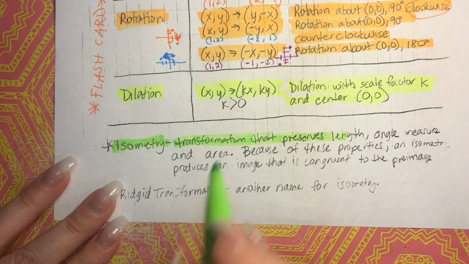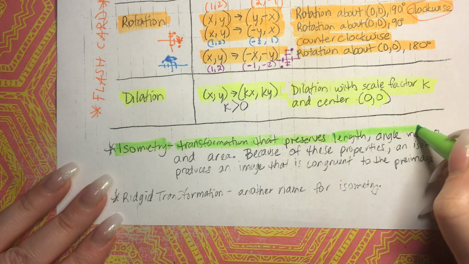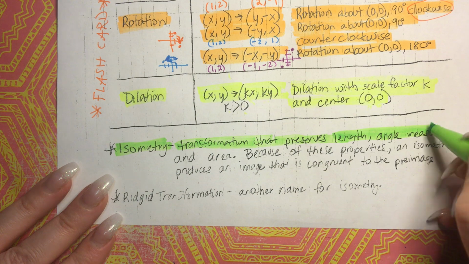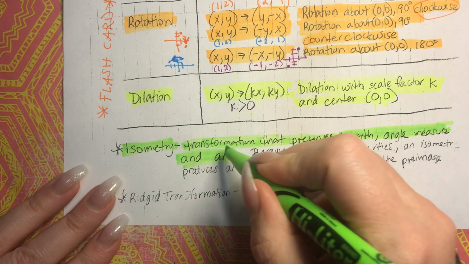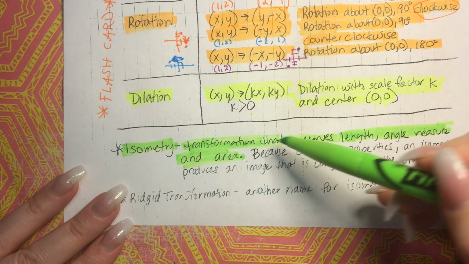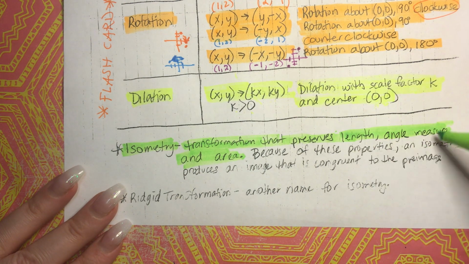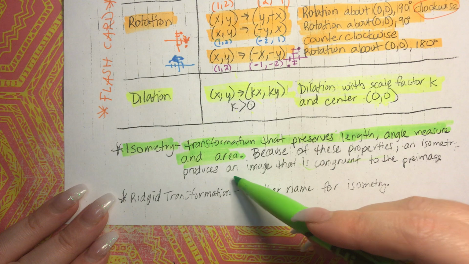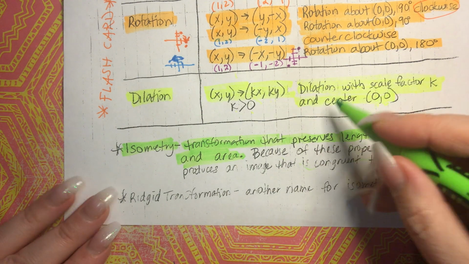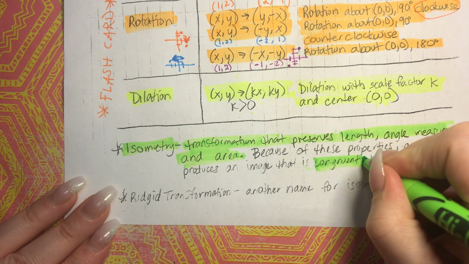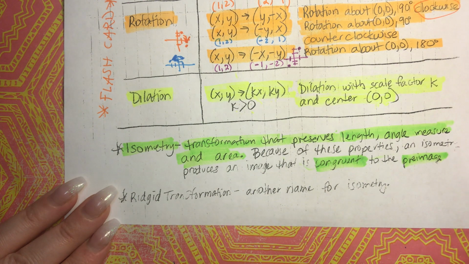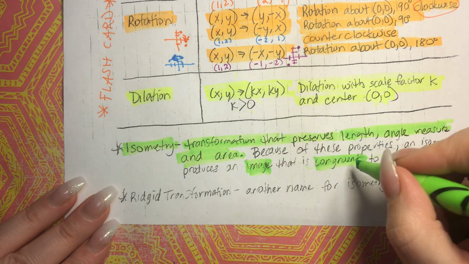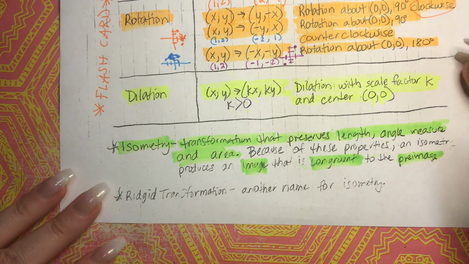So it's basically, there is a figure, it moves, and it stays the same size. Because of these properties, an isometry produces an image that is congruent to the pre-image.